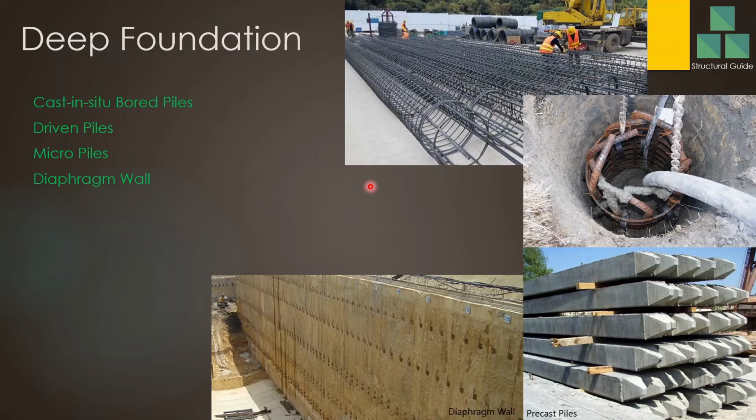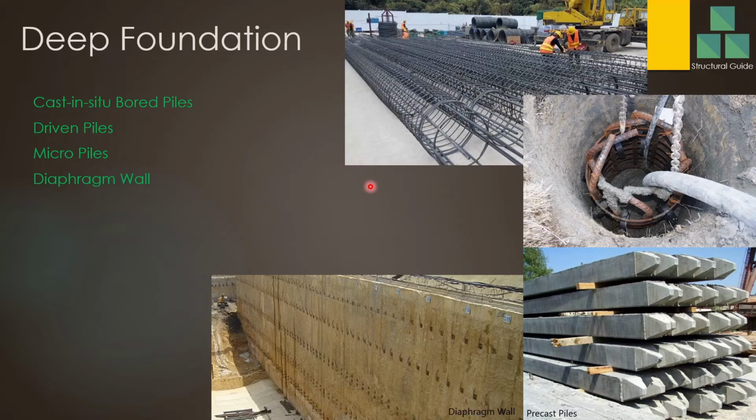In some countries, when we can't find rock very close, maybe at 100 meters, maybe 200 meters, maybe 300 meters, in such a situation, those piles may be constructed as friction piles. Those piles are cast as bored piles, but the end bearing will be very small because we can't rest the foundation on the rock, but friction will provide the required resistance.